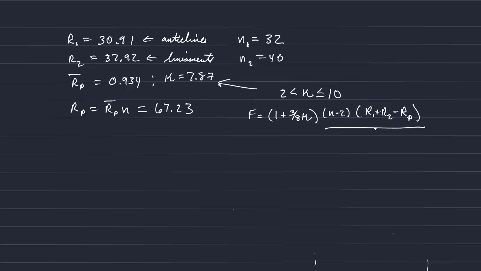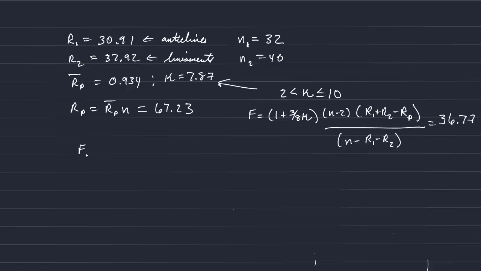The numerator again is proportional to the difference between the sum of the lengths of the two vectors and the length of the pooled vector. The numerator is n minus R1 minus R2, and I found that to be 36.77.